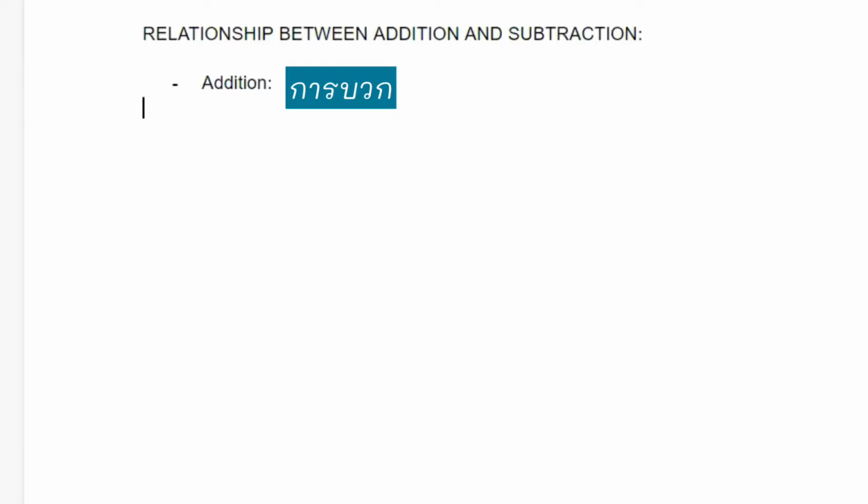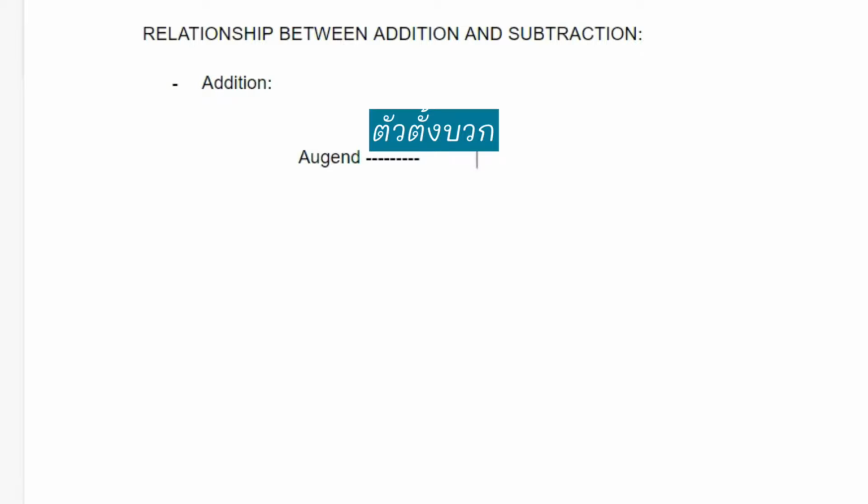When we have an addition, as we have learned already, we have 3 parts. The first is the augend. What is the augend? The first number in the addition, or the number on the top of the addition.